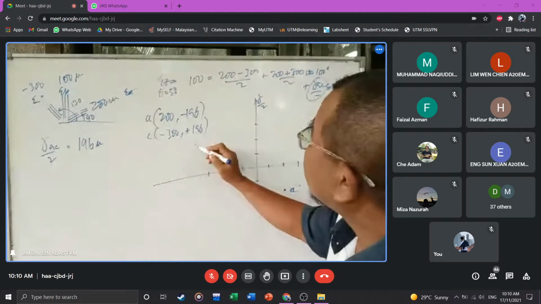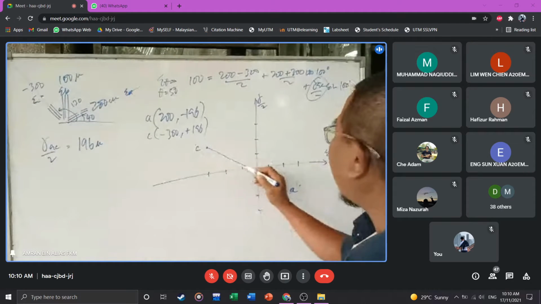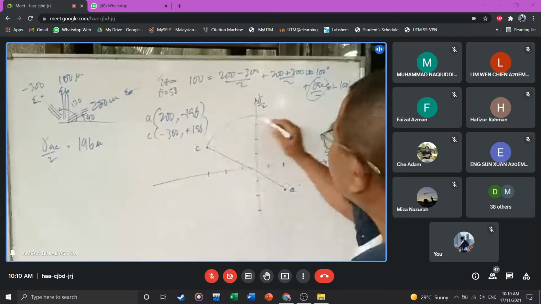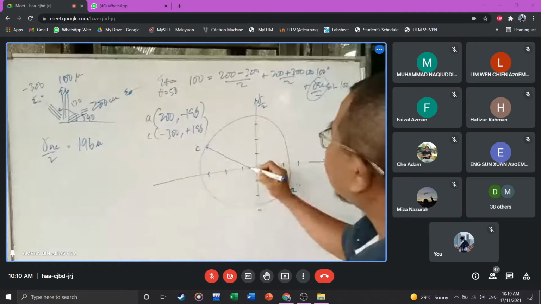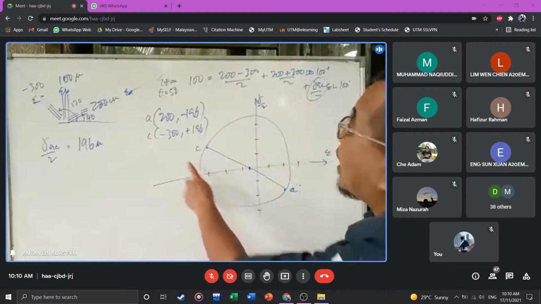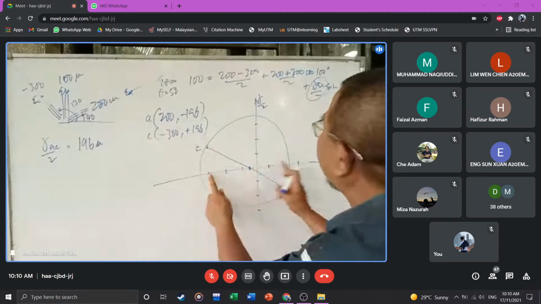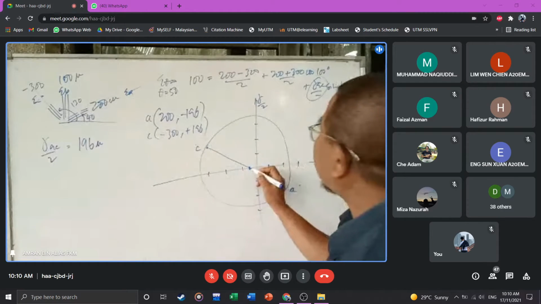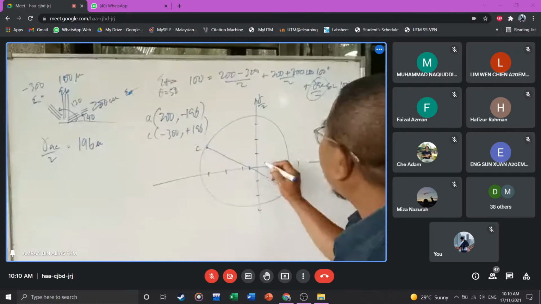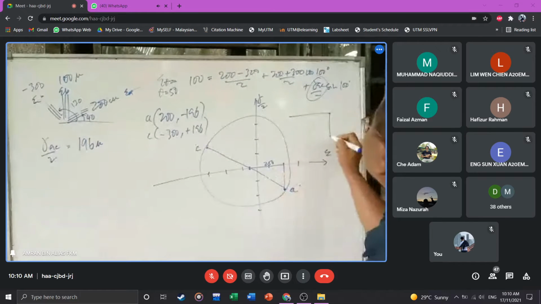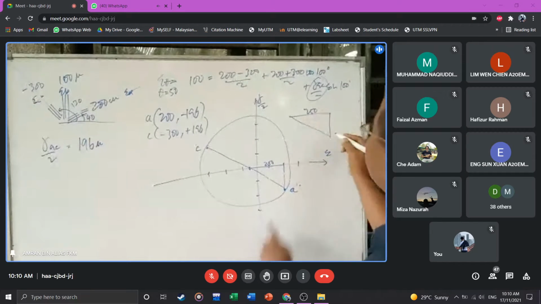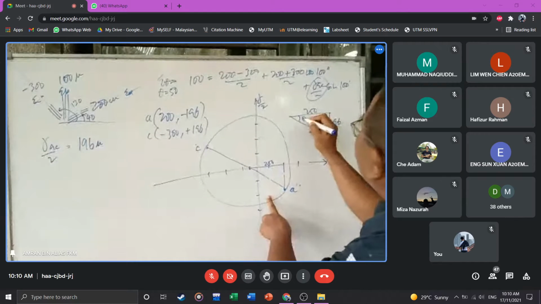Draw a line and you get a Mohr circle. What is the center? 200 and 300, total is 500, so this is 250 and this is 250. This is 196.